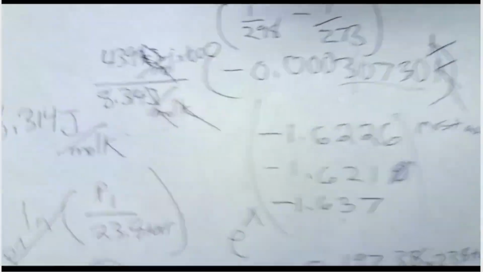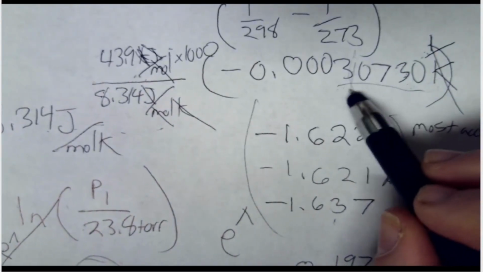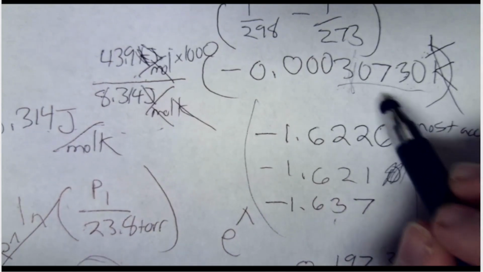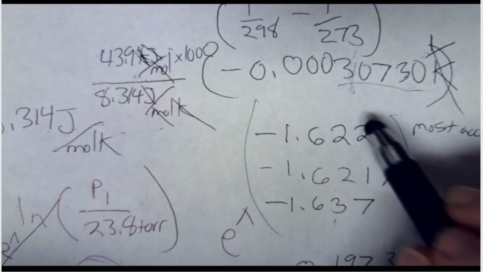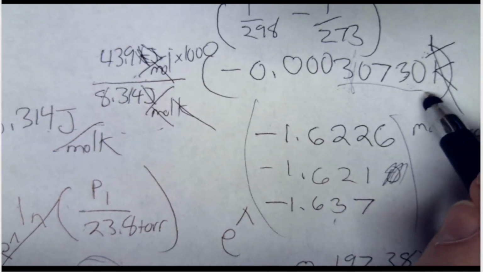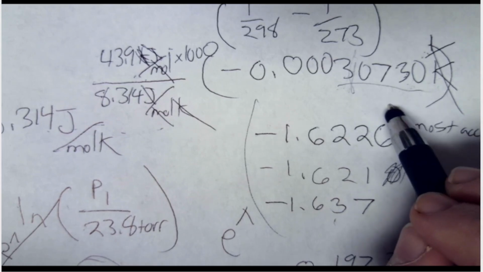However, sometimes if you round, especially if you round only to this one spot, these numbers can creep up and you can get a large enough difference that it will matter. So try to keep as many digits as you can when you're doing the really small numbers like this.